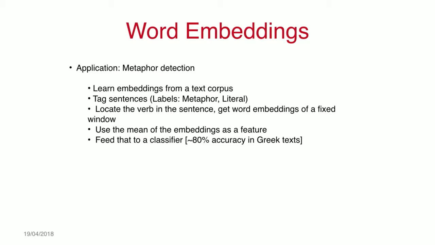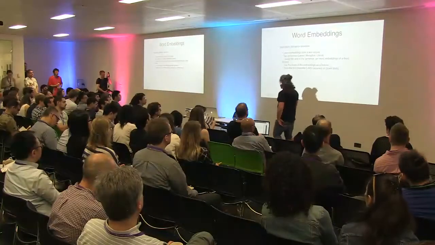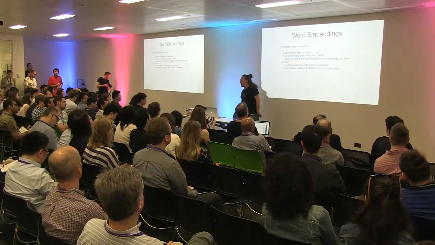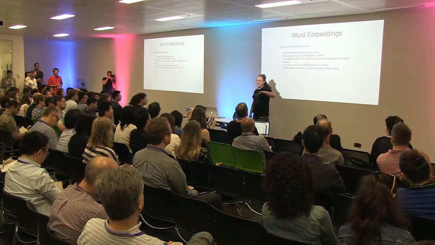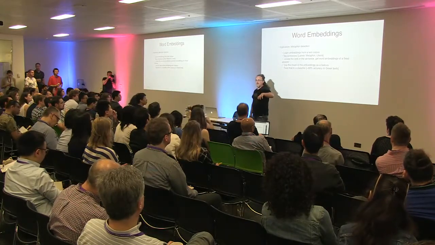We get the verb in that sentence, get a context window of size usually 3 or 5, average the embeddings, and feed that to a classifier, support vector machine or logistic regression. For the Greek language, we get something like 8% accuracy, which is state of the art. It's very good results. I'm not sure if you're familiar, but metaphor detection is one of the hardest problems to solve in NLP.